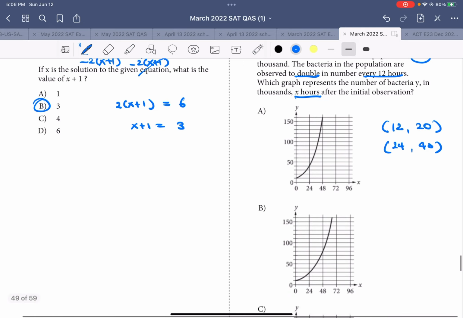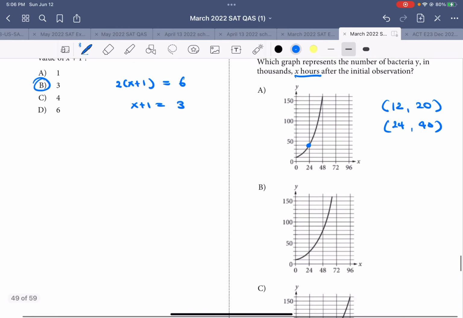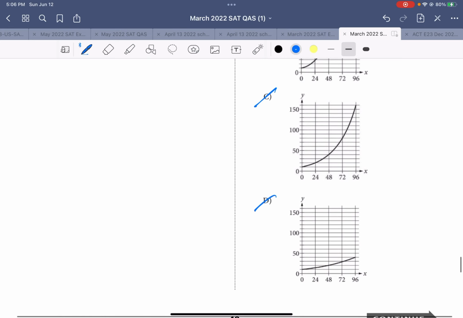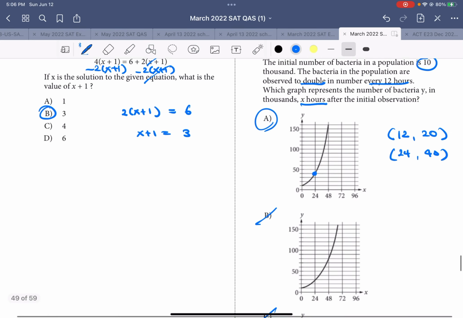So when you plug in 24, which one represents 40? So this one looks okay. And then the other one, this is not. That one is not 40. Not this. Not this. So the answer has to be this one.